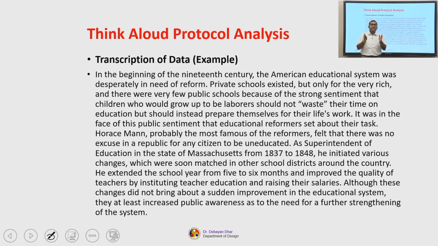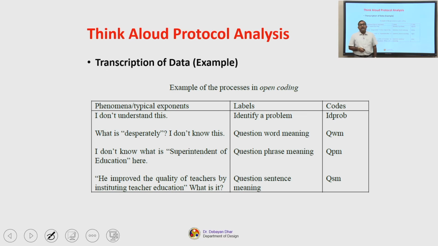Now, this was the paragraph that was given to a person to read, and then he was asked to explain or to communicate what he understood from this paragraph.